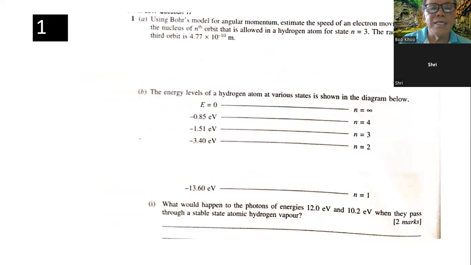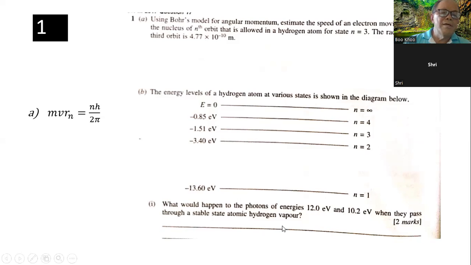Using Bohr's model for angular momentum, estimate the speed of the electron moving around the nth orbit that is allowed in the hydrogen atom for the state n equals 3. The radius of the third orbit is given. Okay, what formula to use? m v r equals n h over 2 pi.